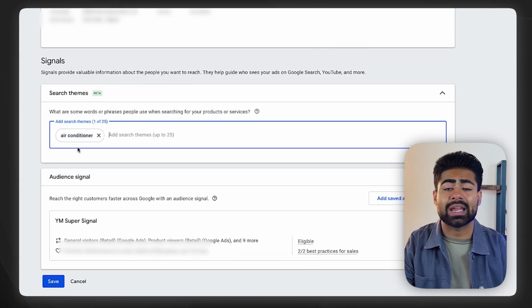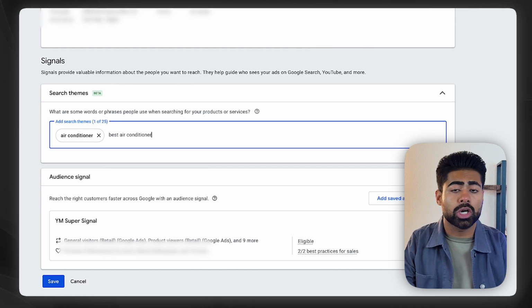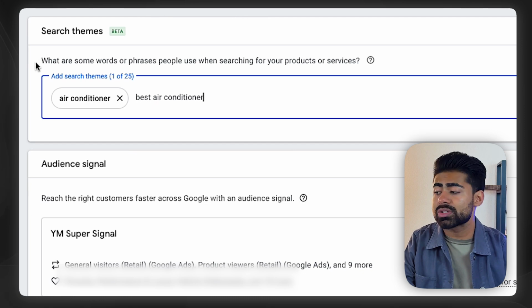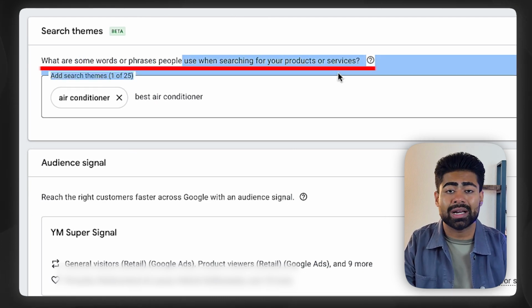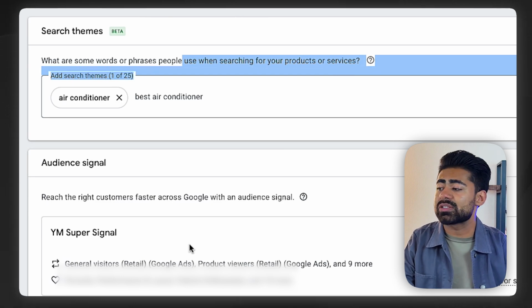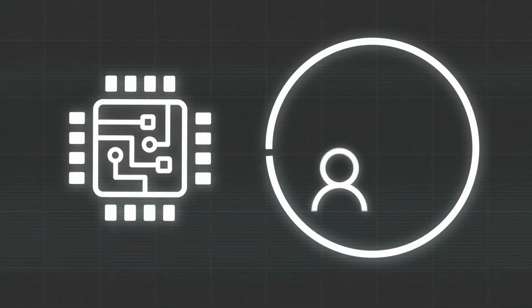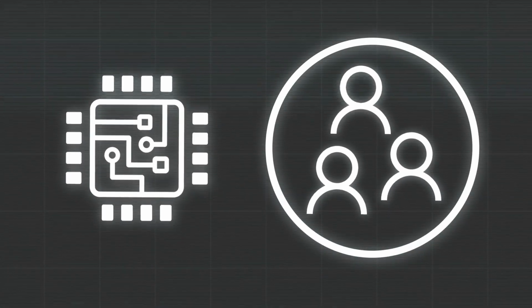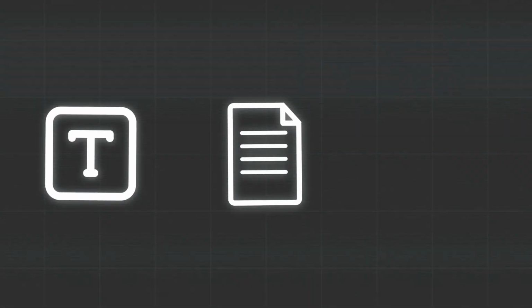You might want to just write in air conditioner, or maybe best air conditioner, something that has heavier search volume, because the goal of search themes is you want to give Google's algorithm some words and phrases people use when searching for your product, and these should be broad words and phrases, because then when you have something that's broad here, the algorithm will now go inside this group of people who search these keywords up, and then it will narrow down on it by itself with proper product titles, with proper descriptions, with other campaign strategies.